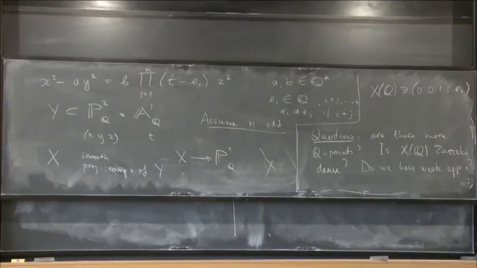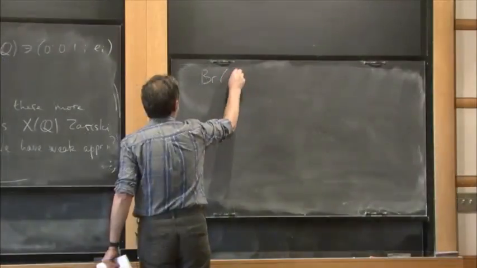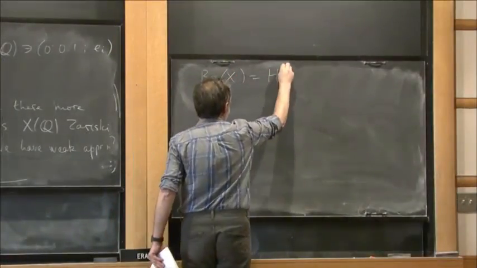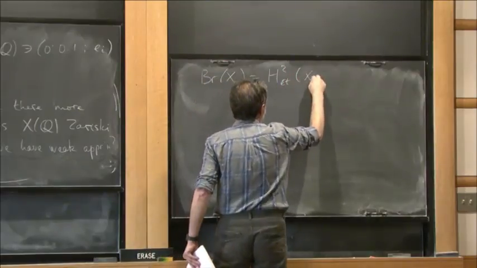So I'll start with the strongest question. There's an obvious condition that must be satisfied by a family of local points in order that a rational point that approximates this family could exist. This is coming from the classes in the Brauer group. The Brauer group of X, defined by Grothendieck, is the second étale cohomology group.